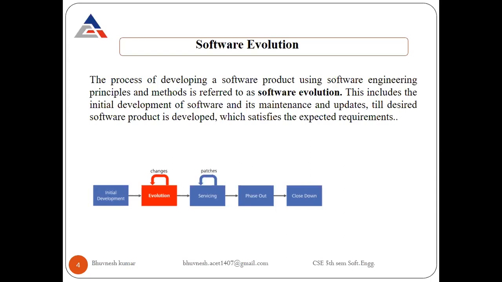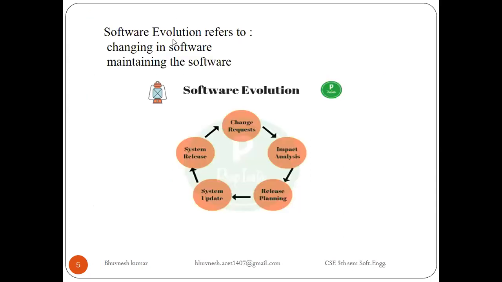That is where evolution comes in. Evolution means changes should happen every time. Each and every phase has evolution. Software evolution refers to changes in software. When there is any technology change or any type of hardware change, then we have to change our product.